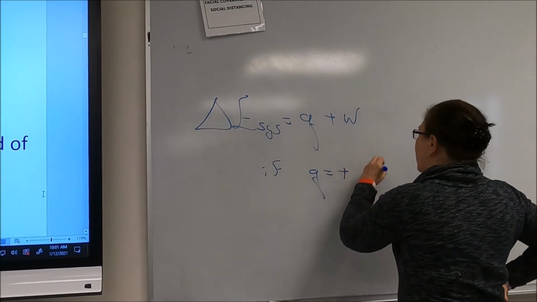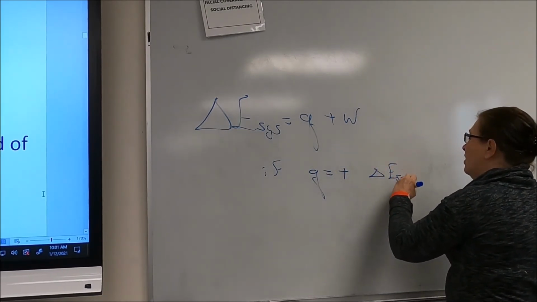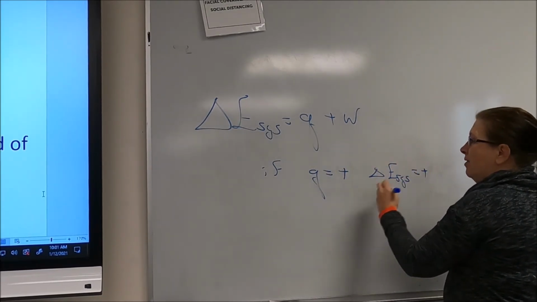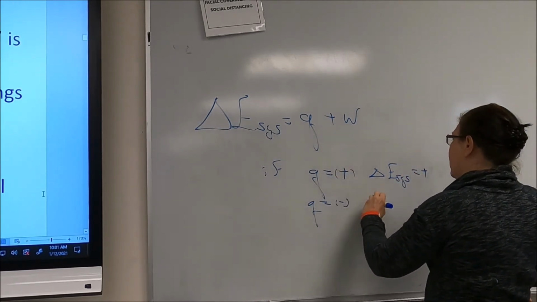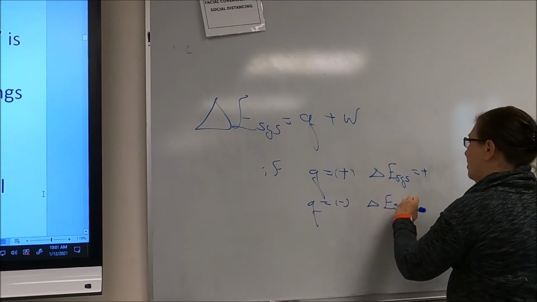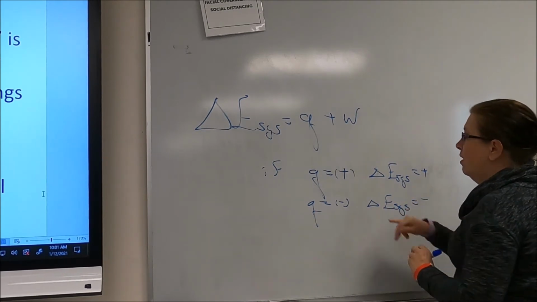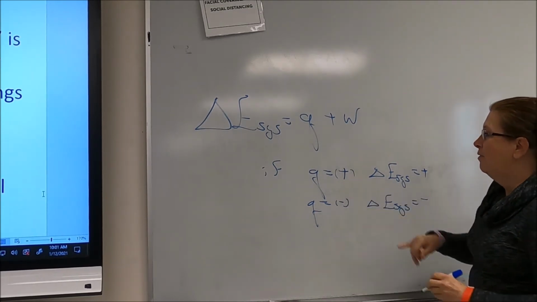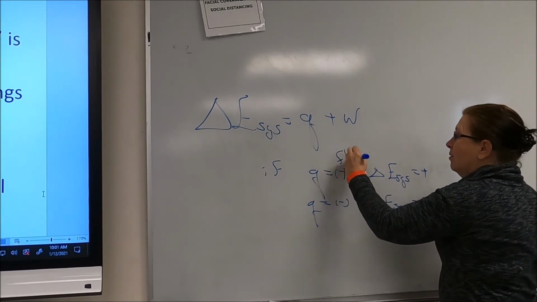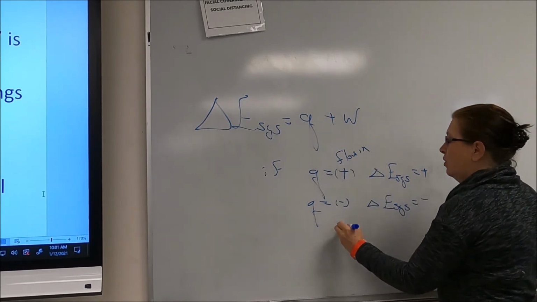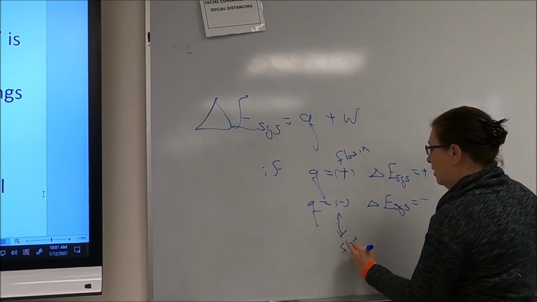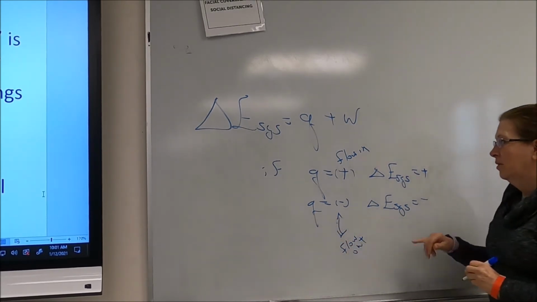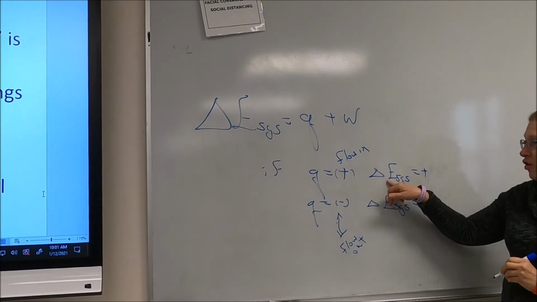If Q is positive, then the change in energy of the system is positive. And if Q is negative, delta E of the system is negative. So Q positive means flow in, Q negative is flow out.